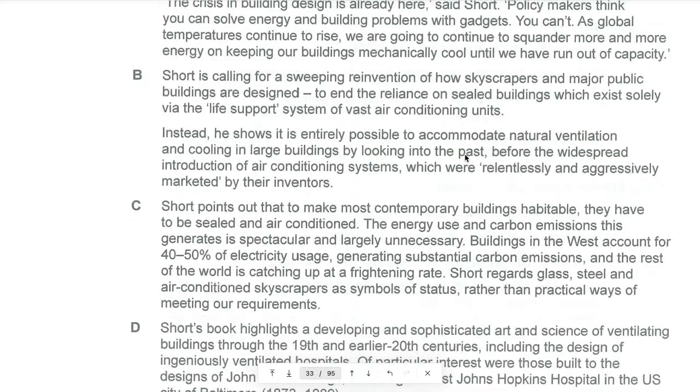Instead, he shows it is entirely possible to accommodate natural ventilation and cooling in large buildings by looking into the past before the widespread introduction of air conditioning systems, which were relentlessly and aggressively marketed by the inventors. Yeah, but again, it's just his theory, because these days people don't care anymore, they just use the AC. Okay?